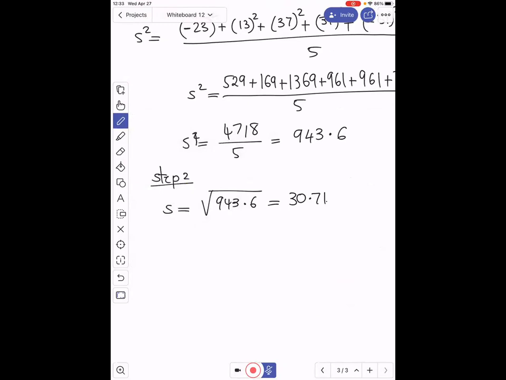Now question B. It says, find a 75% confidence interval for the population average weight.